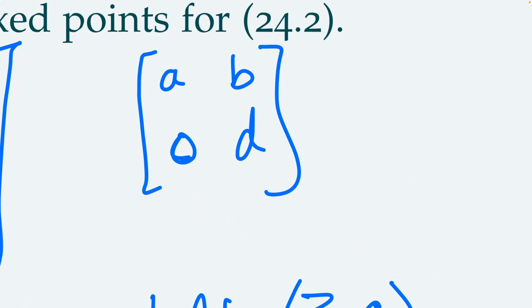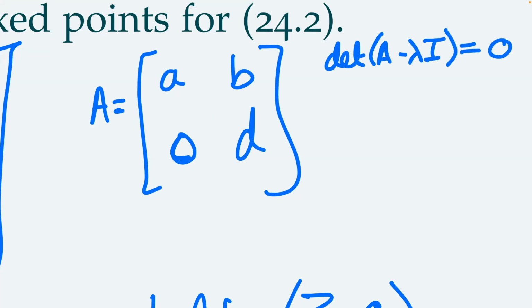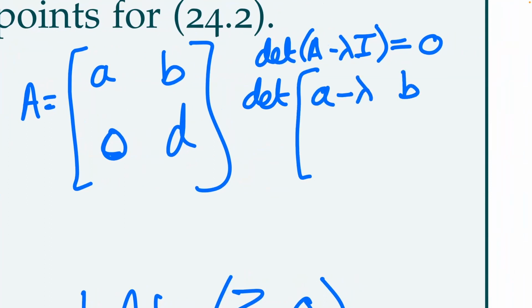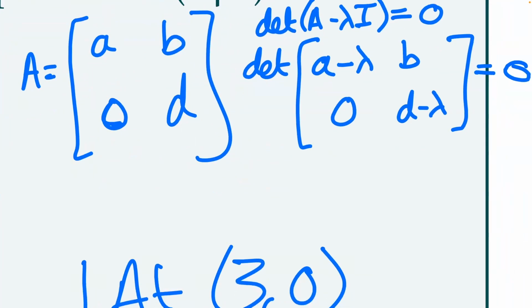If we want to calculate our characteristic equation, which is where we get our eigenvalues from, I call this matrix capital A and look at the determinant of A minus lambda I equal to 0. Remember from earlier in the course, this is our characteristic equation. This is the same as having the determinant of a minus lambda, b, 0, and d minus lambda, and we're going to set that equal to 0.